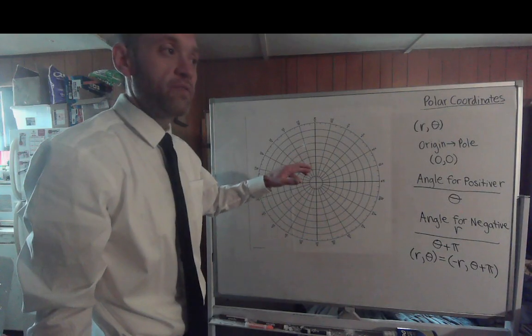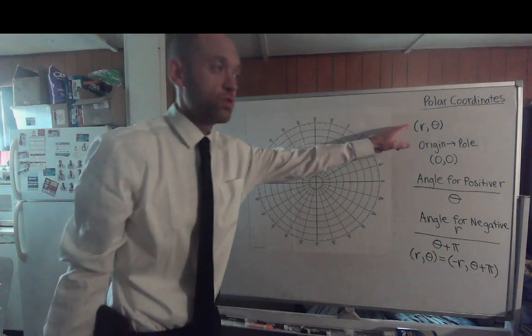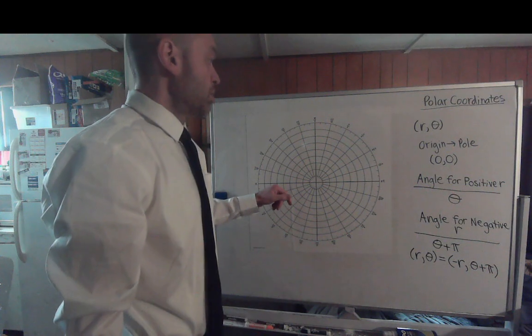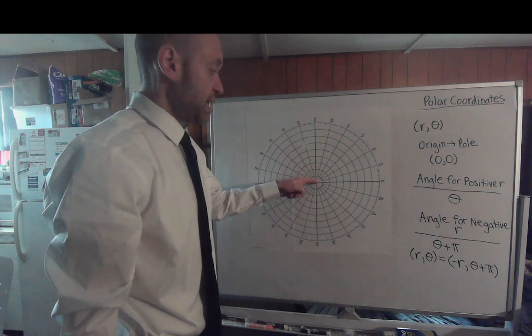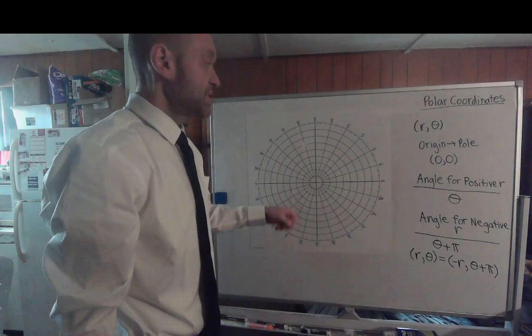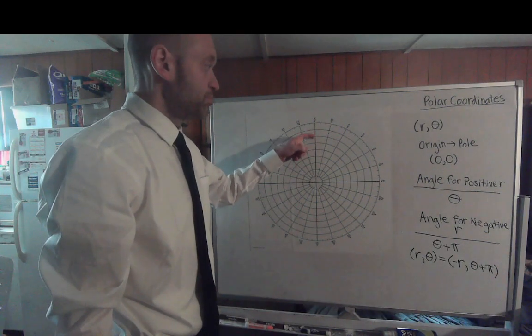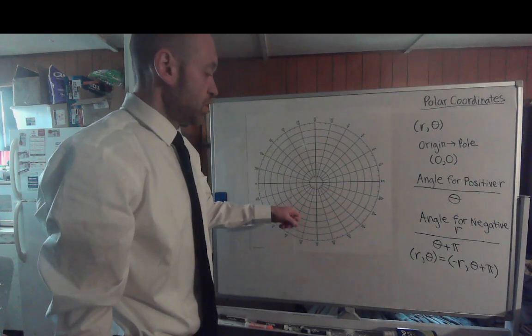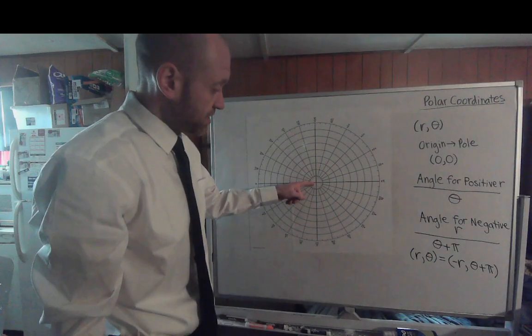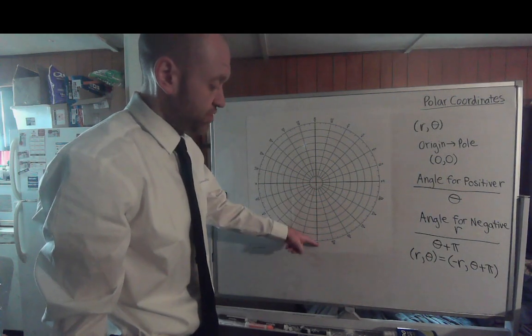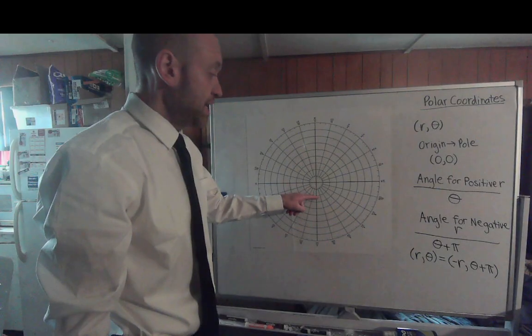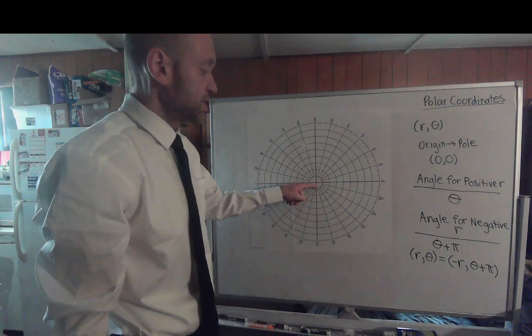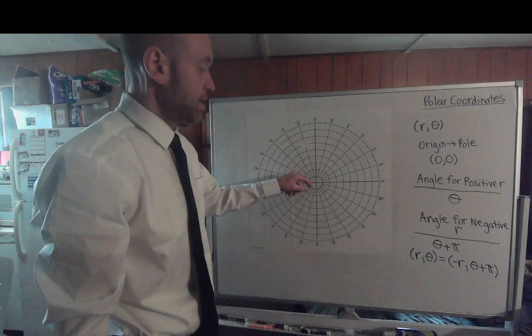What happens if you have a negative value for your radius coordinate? Well, your angle is going to change. So let's say I had (-2, 3 pi over 2). Well, this would be positive (2, 3 pi over 2) down here, but negative means I'm going backwards, actually above the origin.